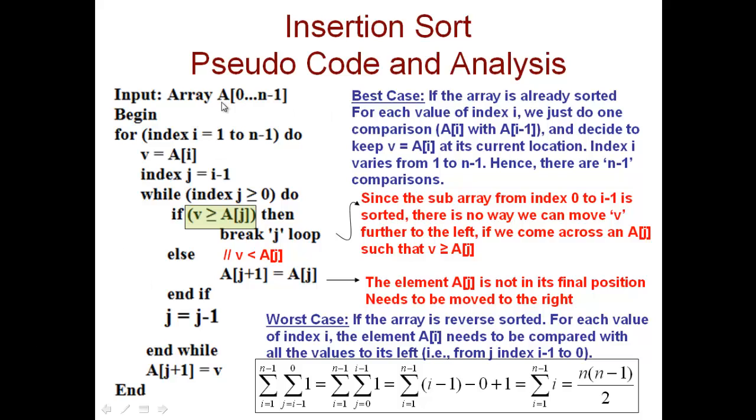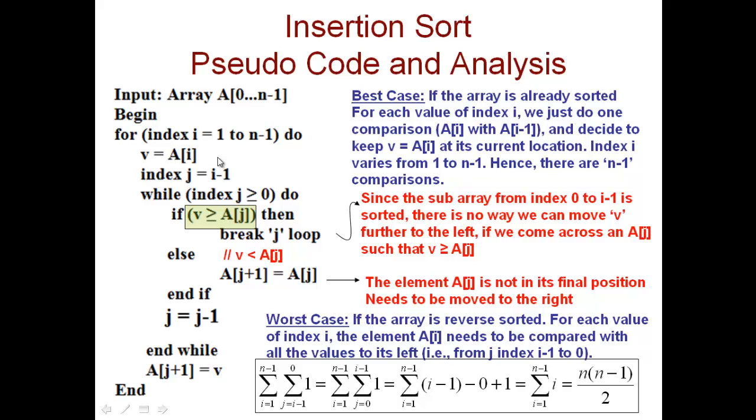as I said, if you are given the array from index 0 to n minus 1, to begin with, we'll say the index 0 is the sorted portion, index 1 to n minus 1 is the unsorted portion. So the I loop will really run through the unsorted portion. So we'll run from index I equals 1 to n minus 1.